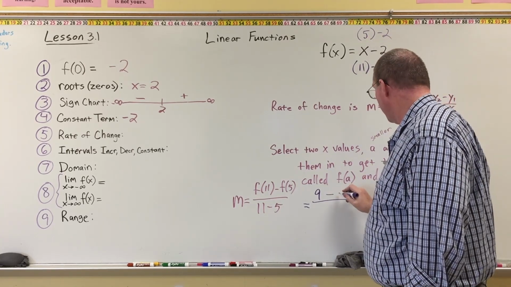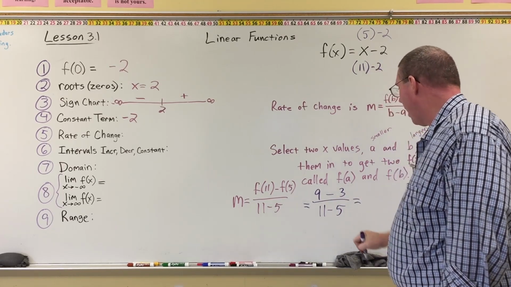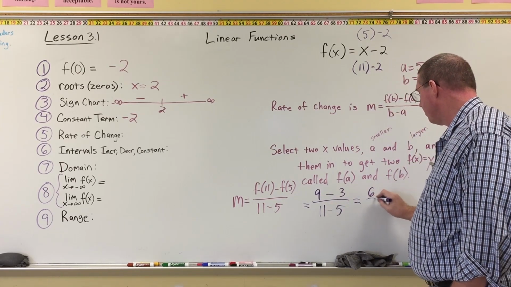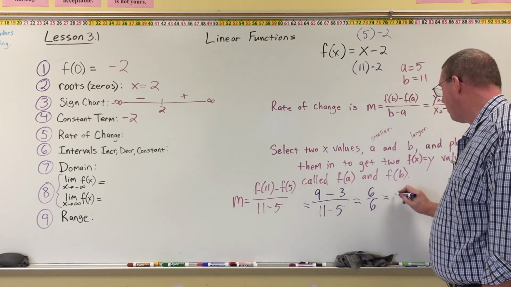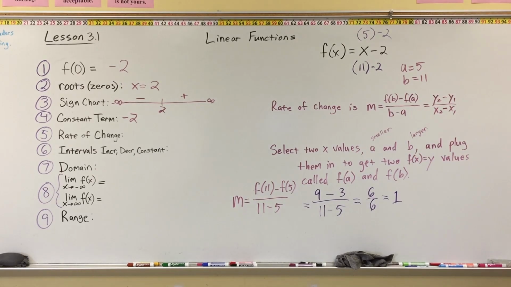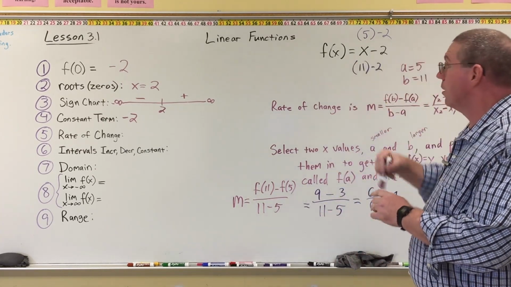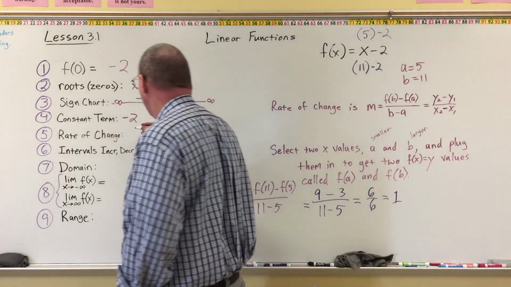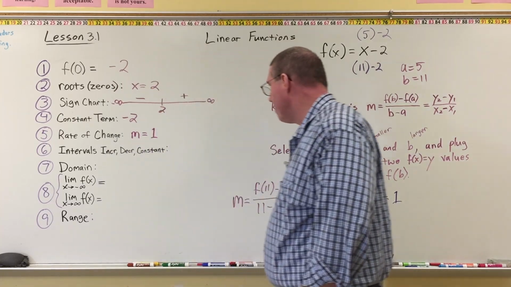So 9 minus 3 over 11 minus 5, okay? And here's what we have. 9 minus 3 is 6. 11 minus 5 is also 6. And 6 divided by 6 is equal to 1. And so in this particular linear function, the rate of change is positive 1. So we would say m equals 1, okay?